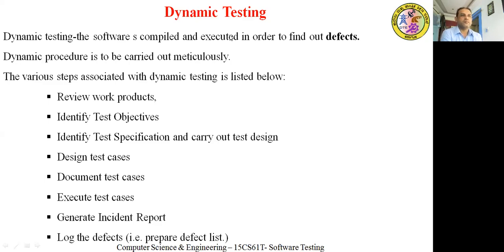The various steps associated with dynamic testing are listed below: review work products, identify test objectives, identify test specification and carry out test design, design test cases, document test cases, execute test cases, generate incident report, log the defects, that is, prepare the defect list. That is what we call dynamic testing.